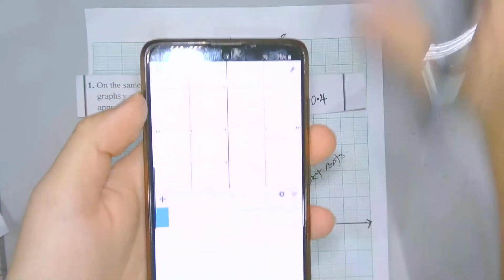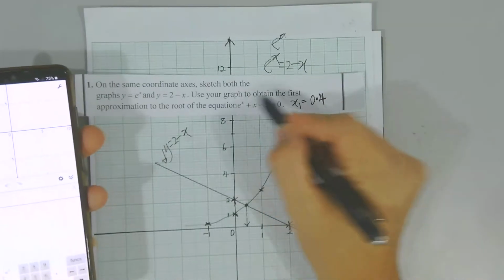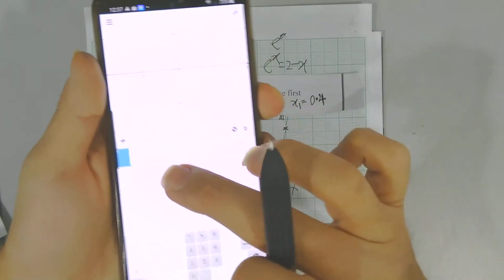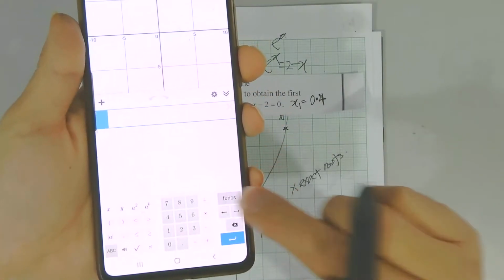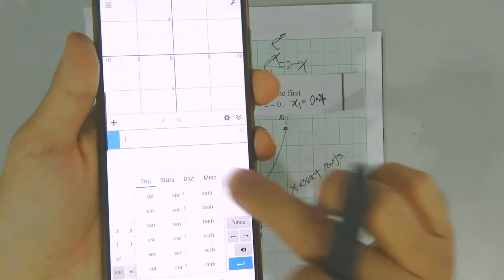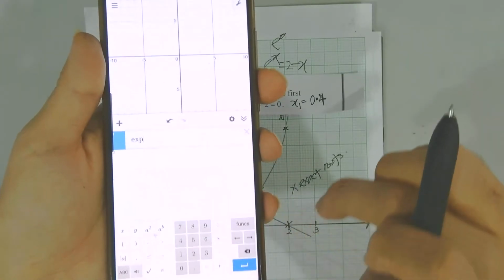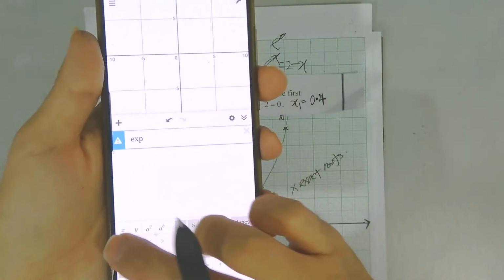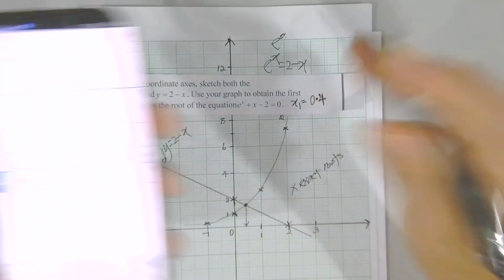I'm going to key this equation into the app. Clicking the function here, you will have exp, the exponential, to the power of x.